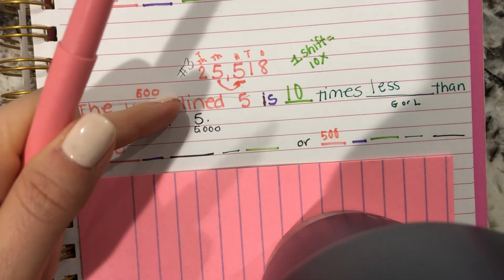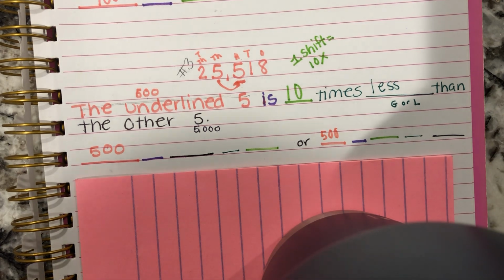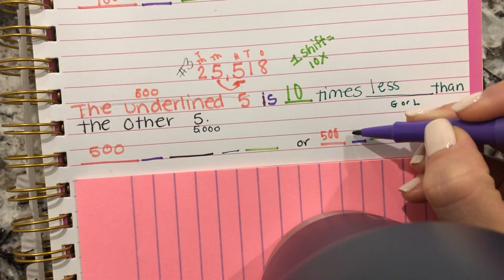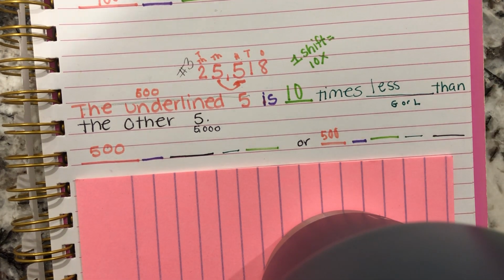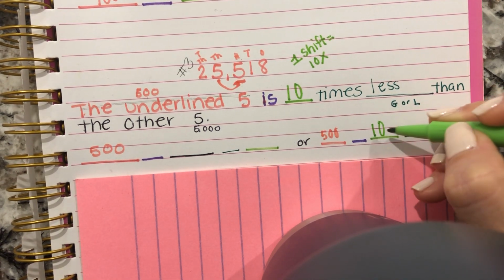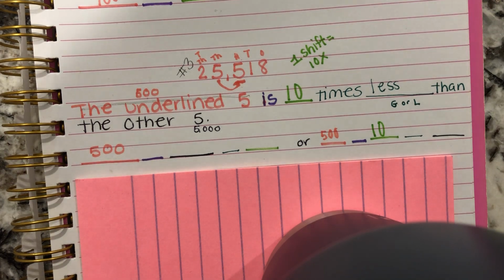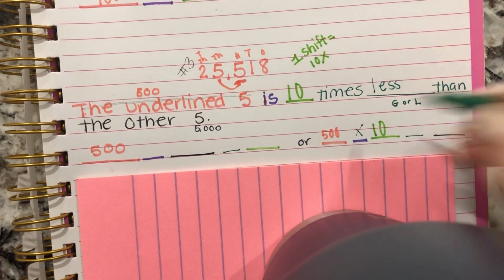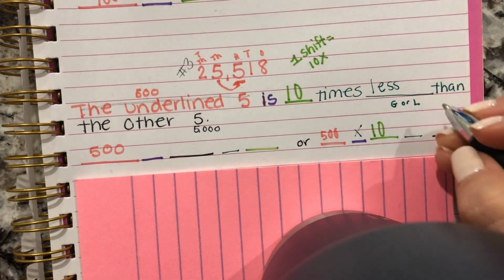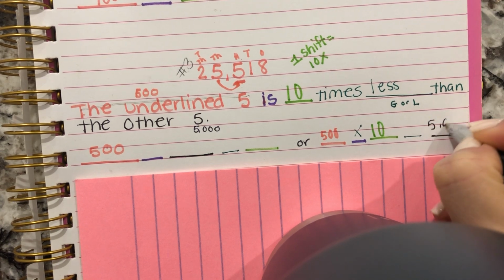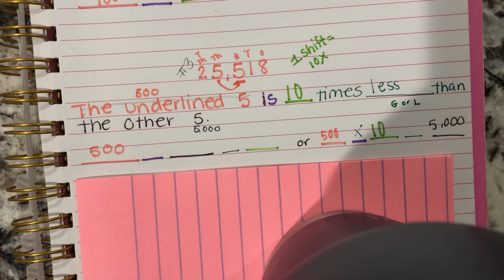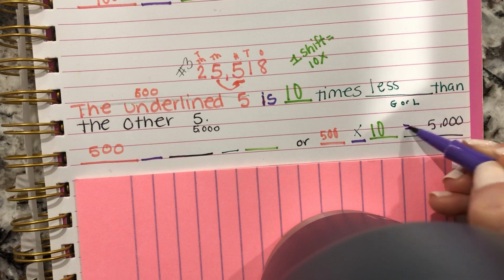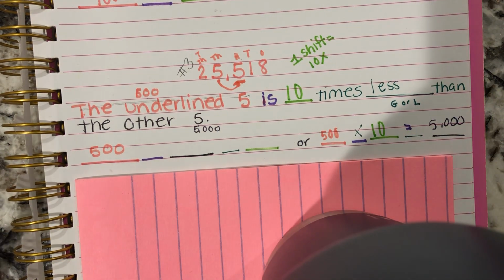And so when we start off with the smaller number, the translating isn't quite as easy. 500, let's go in with this color first. 500 times 10 equals 5,000. 500 times 10 is 5,000.